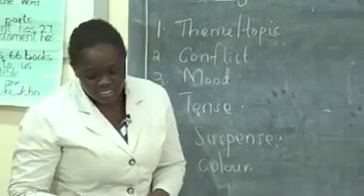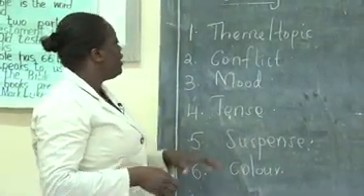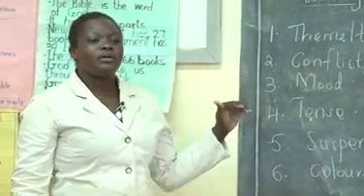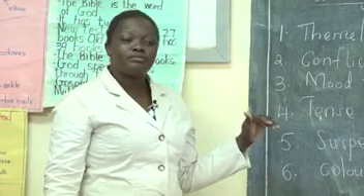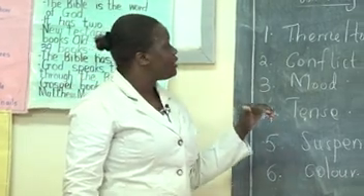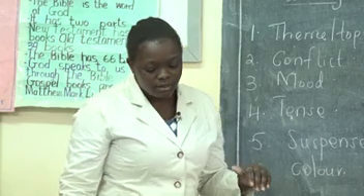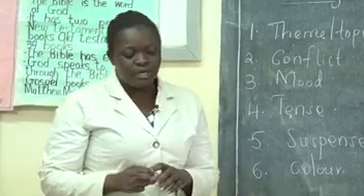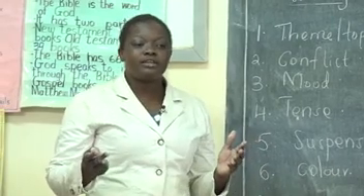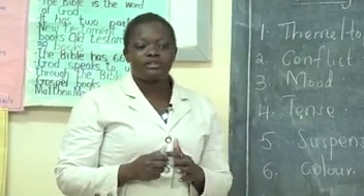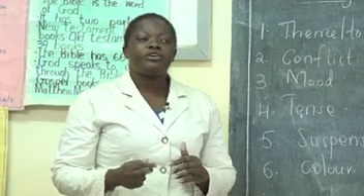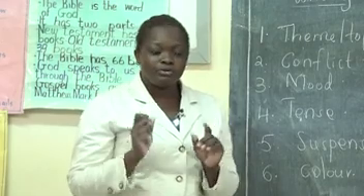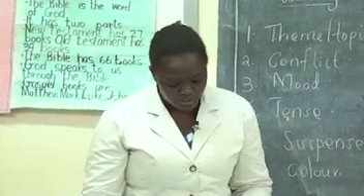Now, first of all, let us look at theme. Theme is the topic and is also the subject of the story. In simple terms, we will say that it is the storyline of the story. For instance, if we are writing about Praise Giving Day, then you are supposed to evolve around the topic for you to write a good composition.